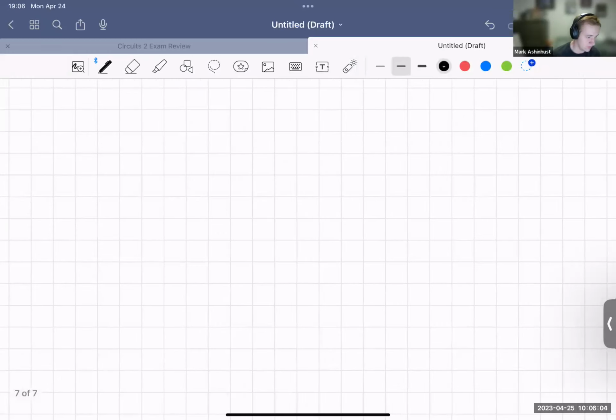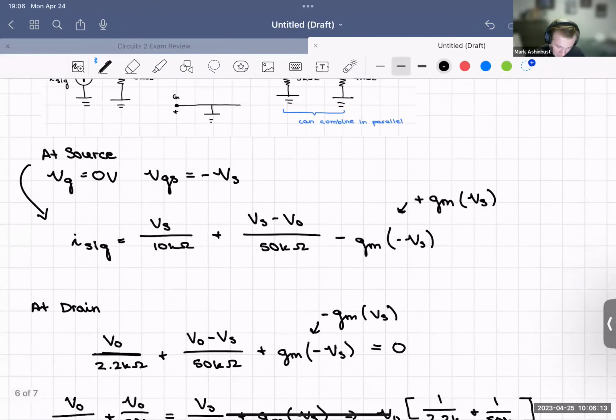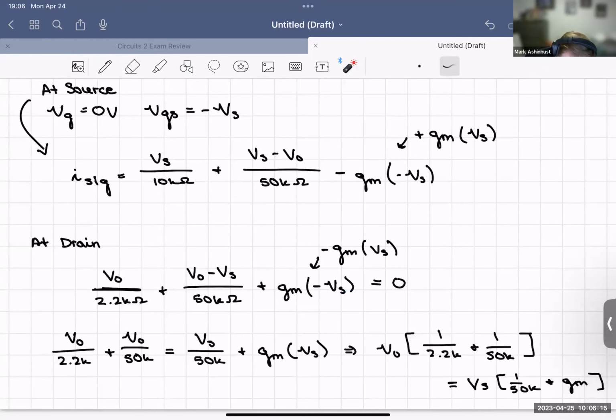And then we'll solve for that, and we'll end up getting V out equal to 13.3 VS, because we can just divide.